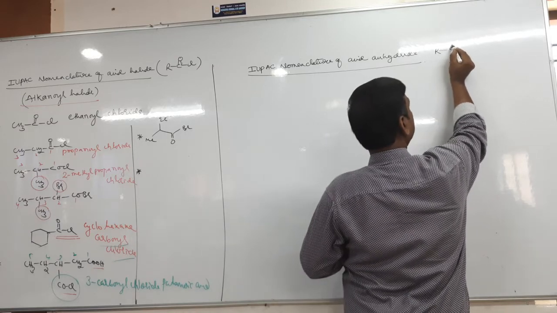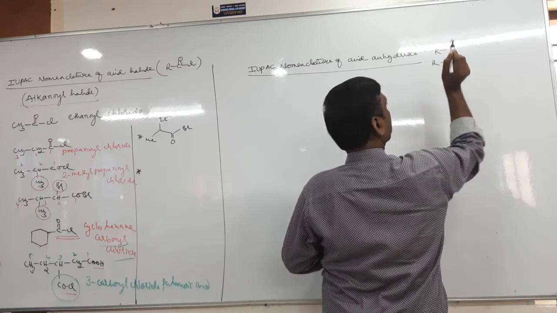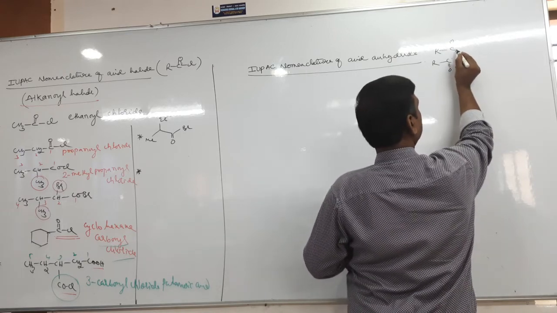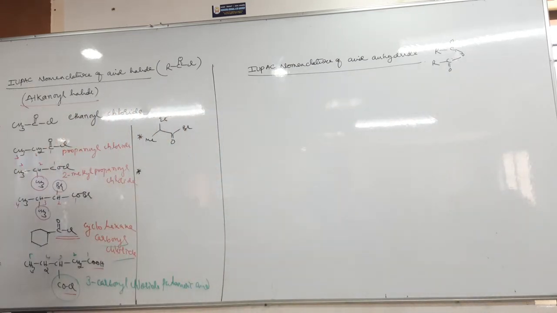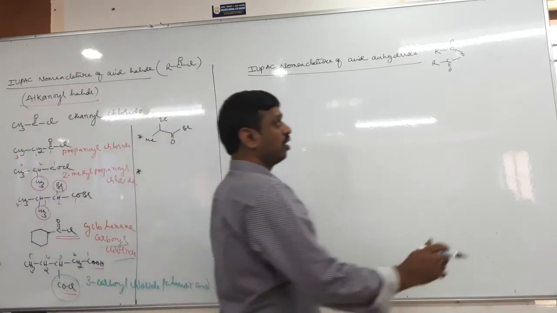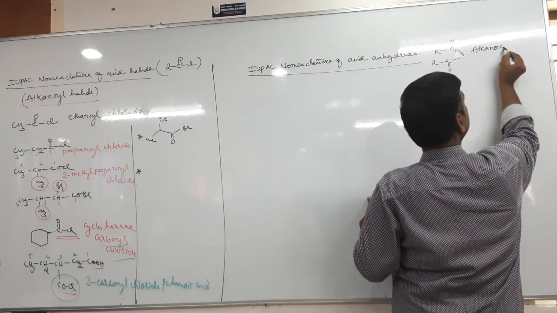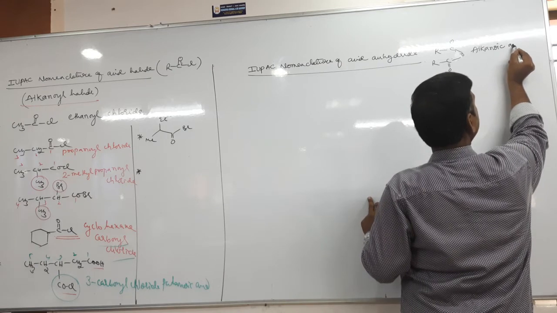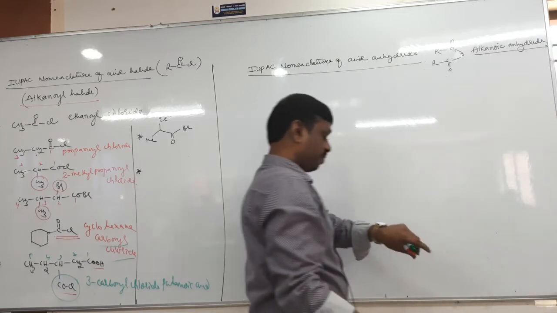R C double bond O, C double bond O, R. So these are the acid anhydrides. What is the IUPAC name of acid anhydride? It is alkanoic anhydride. Alkanoic anhydride.